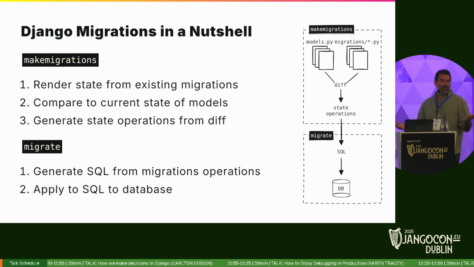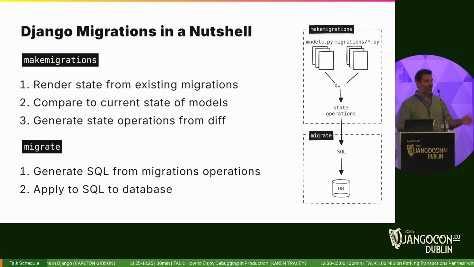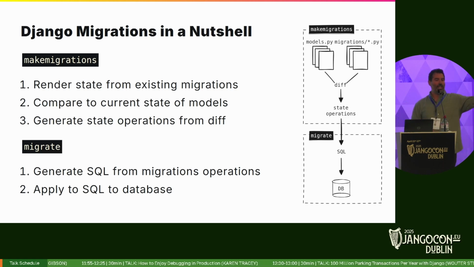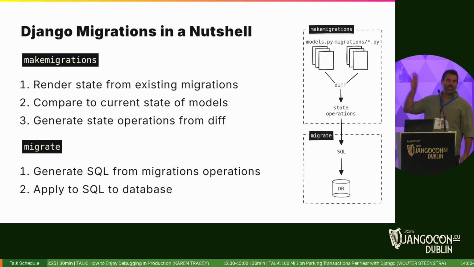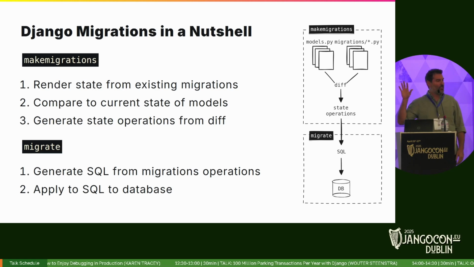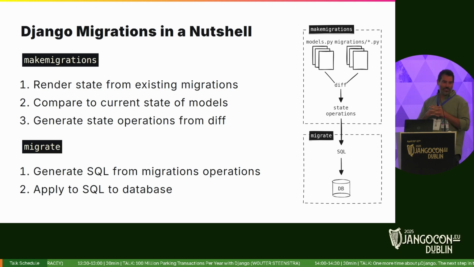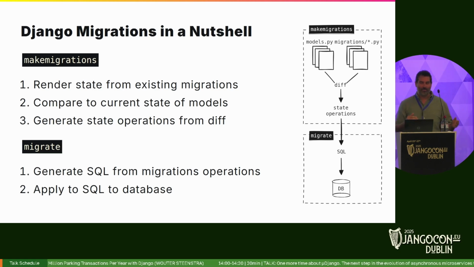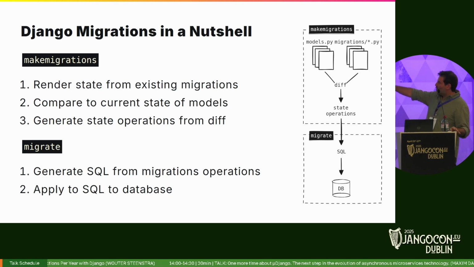When you do makemigrations, Django will take all your migrations, apply them in order, and generate some state. It compares that to the state of the models, like the ones you have in your code, and generates migrations from the difference. These are the migration files containing the operations, right? And finally, when we run migrate, it takes these operations, converts them to SQL, and applies them to the database.